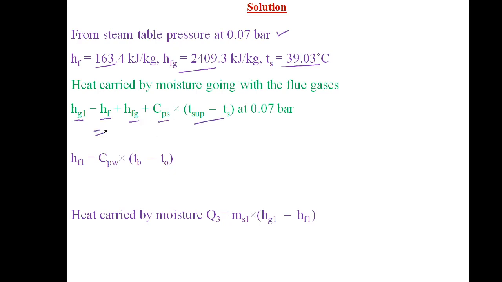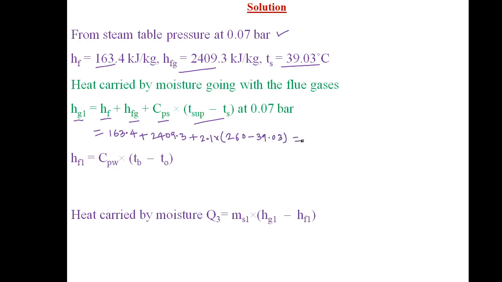So Hf at pressure 0.07 bar is 163.4 plus Hfg is 2409.3 kilojoules plus Cps, the specific heat of steam, is 2.1 into the temperature of superheated steam, the temperature of hot gases, which is 260 degrees Celsius as given in the problem, minus the saturation temperature, which is 39.03 at a pressure of 0.07 bar.